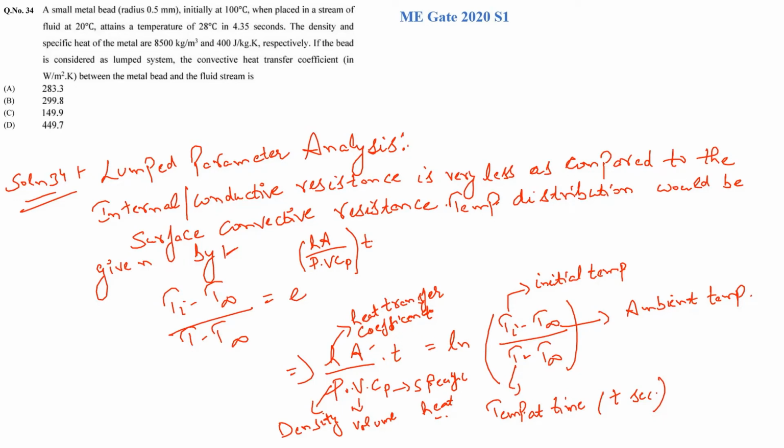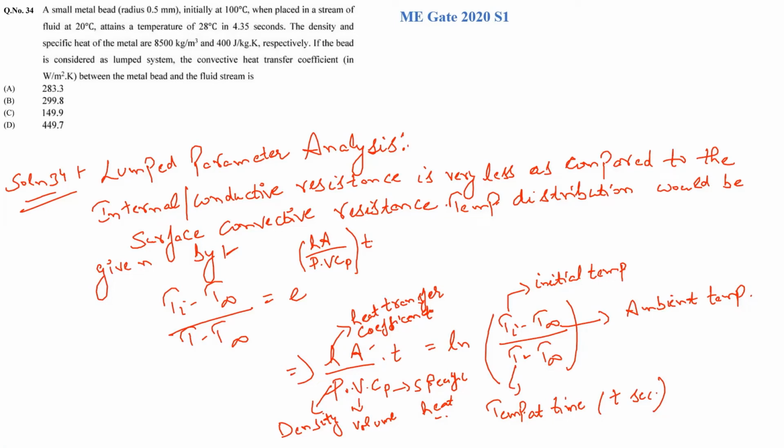The density is 8500 kg per meter cube, and Cp is 400 joule per kg Kelvin. Now if the bead is considered as a lumped system, as we have studied, we have to find the convective heat transfer coefficient between the metal bead and the fluid stream.